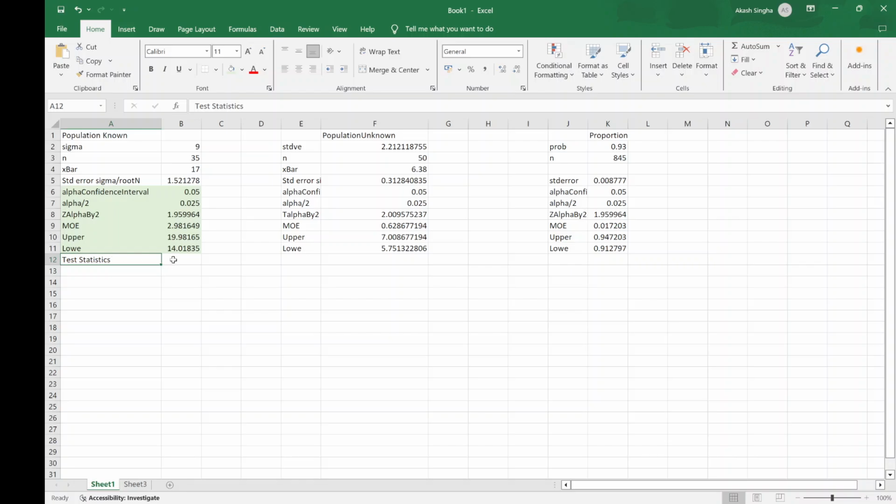So we have to first write down the hypothesized value, which is given here as 13.